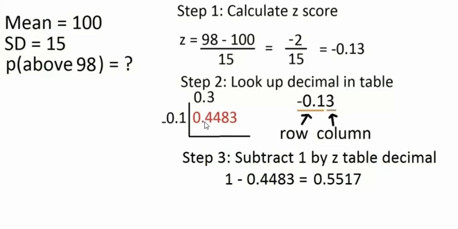So we go to where our row and column meet up, and it's 0.4483. But that's actually the probability below 98. It's not above 98. To get the probability above 98, which is what we're looking for, we do 1 minus the number from the z-table and get our answer. So 1 minus this equals our final answer right here.